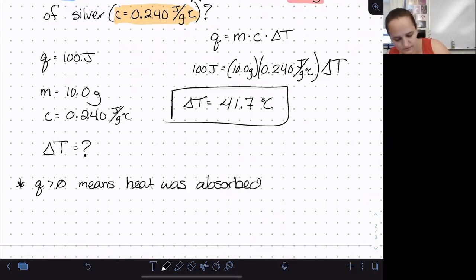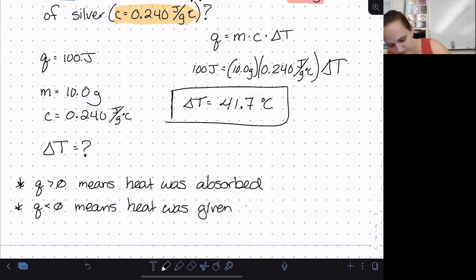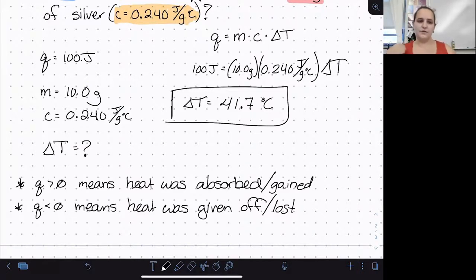When Q is less than 0, or negative, it means that heat was given off. You can also think of these rather than absorbed or given off as gained or lost, whatever works for you.